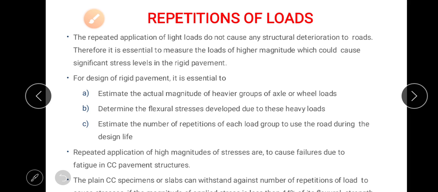The plain cement concrete specimens or slabs can withstand a certain number of repetitions of load.